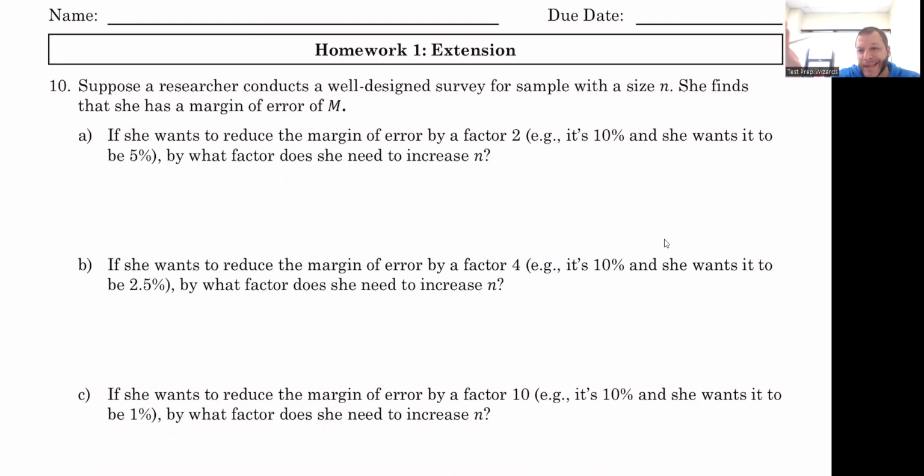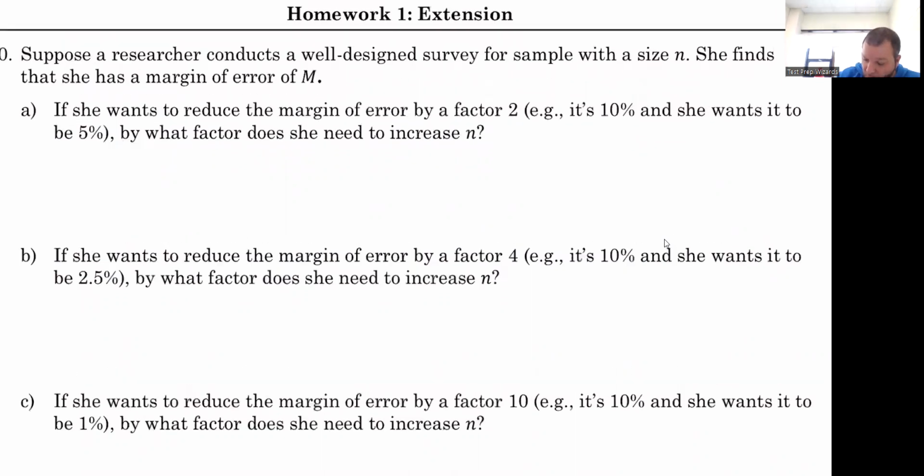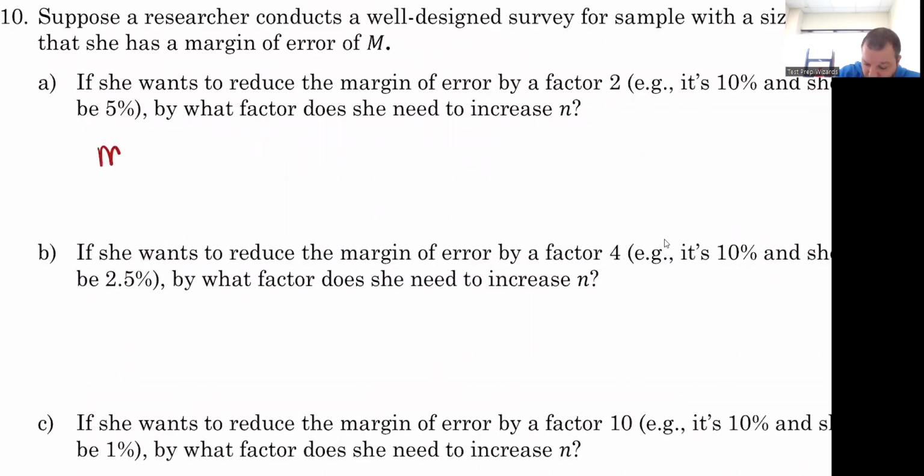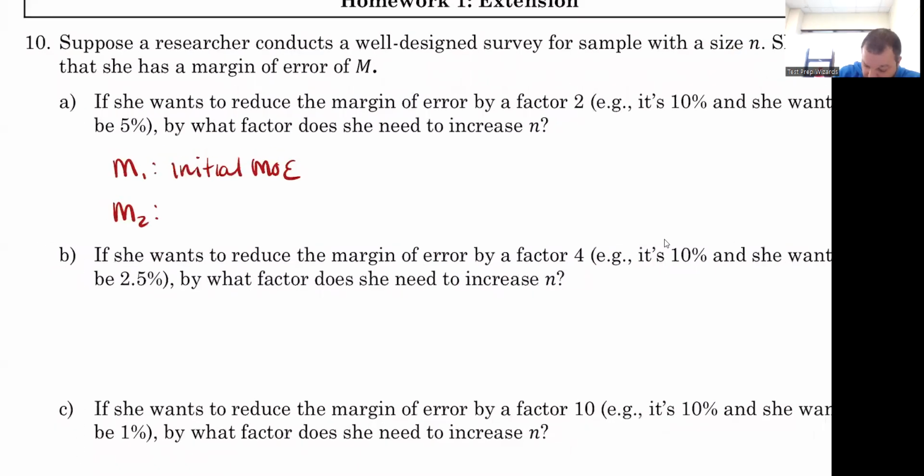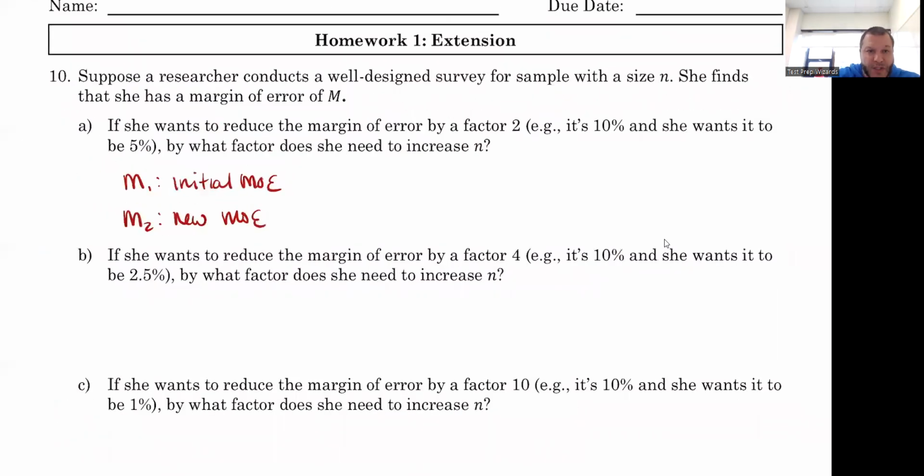I'm going to do A, then D, and then B and C will just fall out of being able to do the general thing. So suppose I have some initial margin of error, M1. Then suppose I have some second margin of error, say the new margin of error. The goal of the question is to reduce the margin of error by a factor of 2, right?